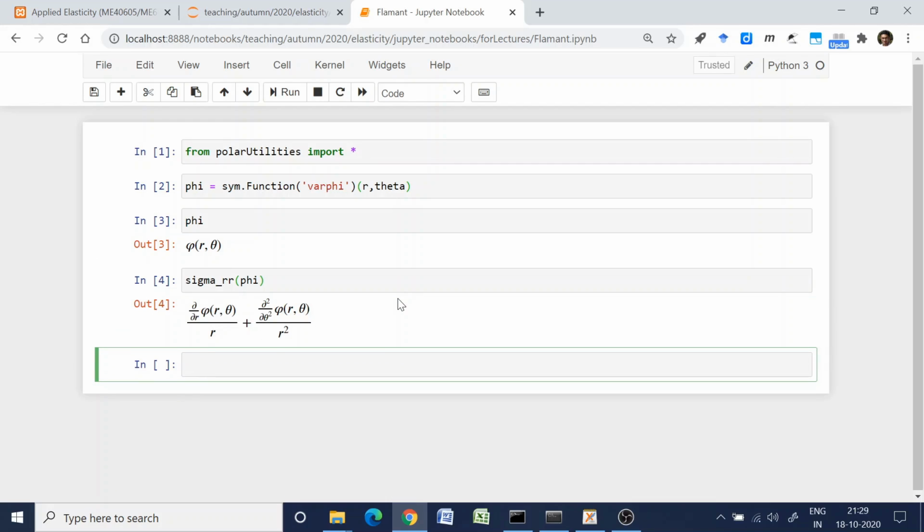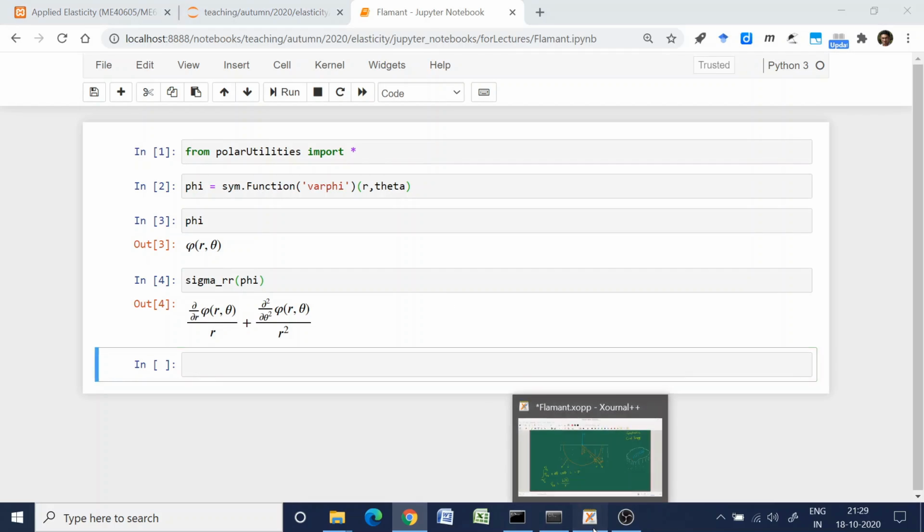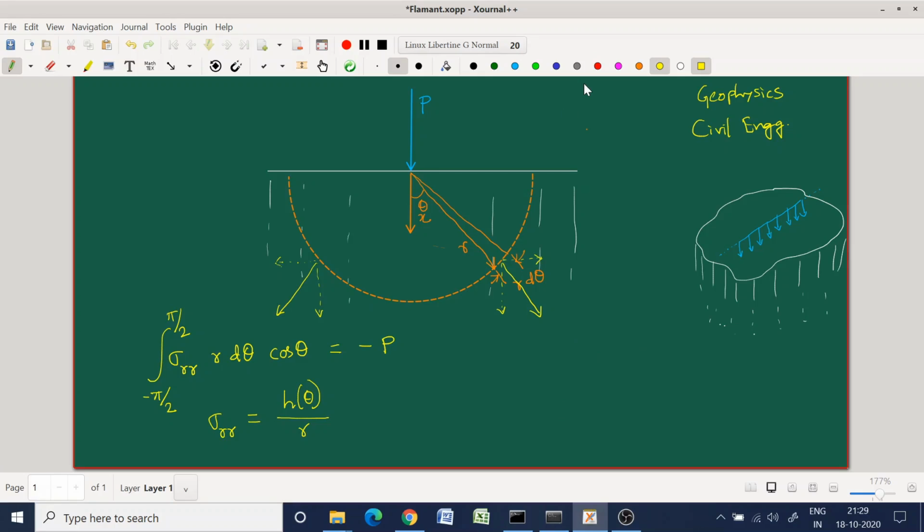So you see, this is the form. Let me utilize this form, 1 by r del phi del r plus 1 by r square del square phi del theta square.